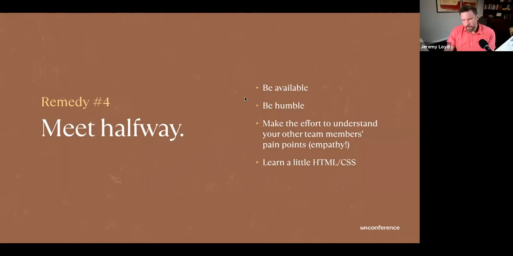And then, making the effort to understand other team members' pain points. So having empathy. For example, if a developer is working on a really tough thing that you've designed, and technically it's really hard, you're under time constraints, you're under budget constraints, that might be a great place to say, hey, is there another way we could do this?